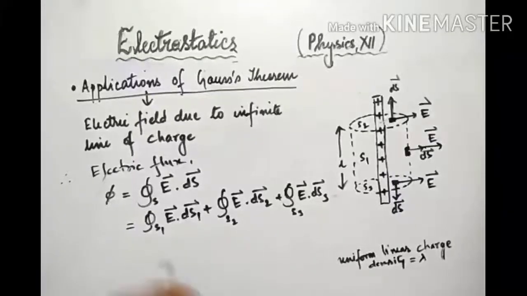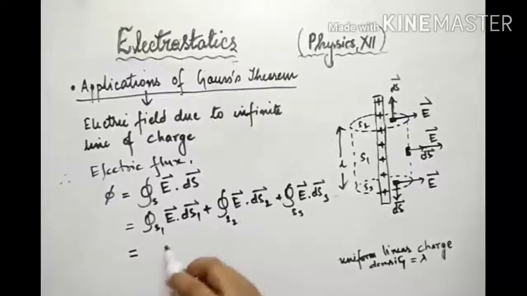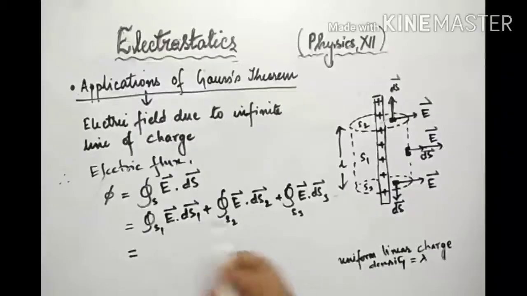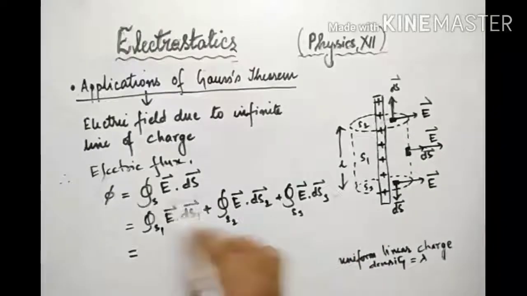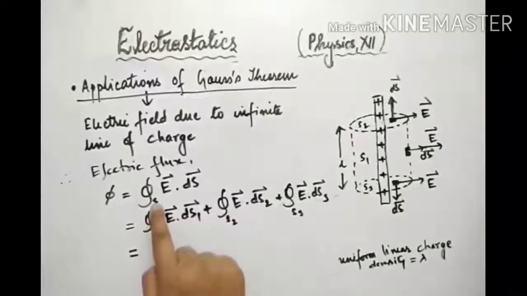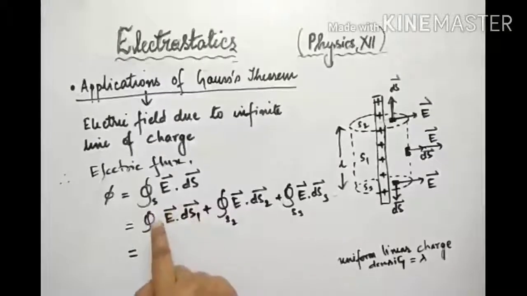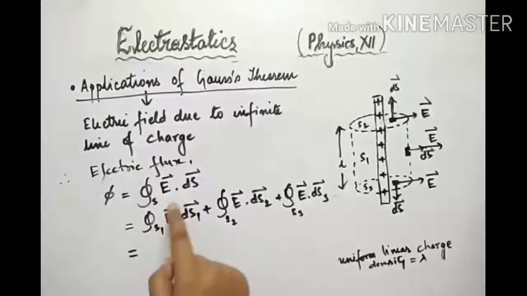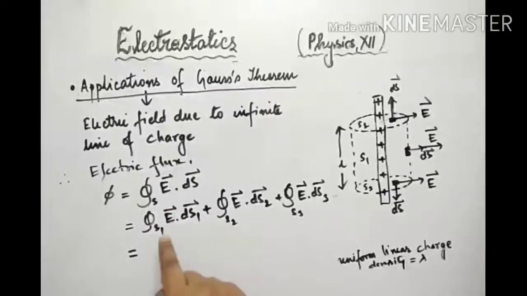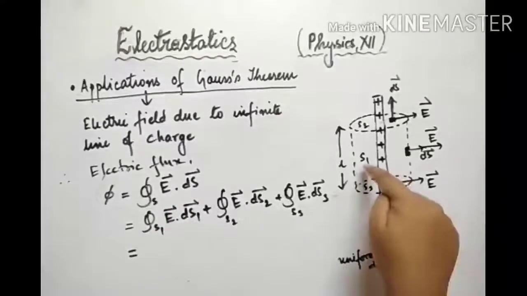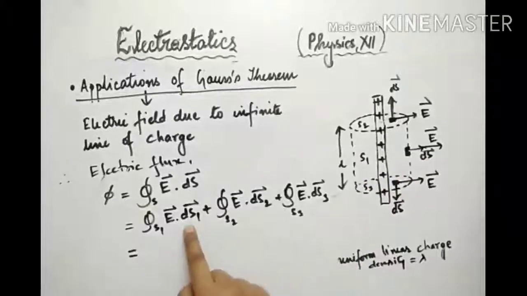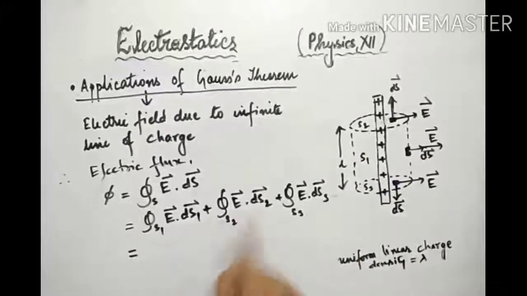Now see here, why have we considered three parts? Because for this integration we can divide it into three parts, for surface 1, 2 and 3, and we can show what the electric flux will be in each case.